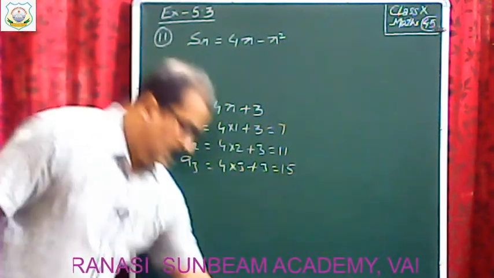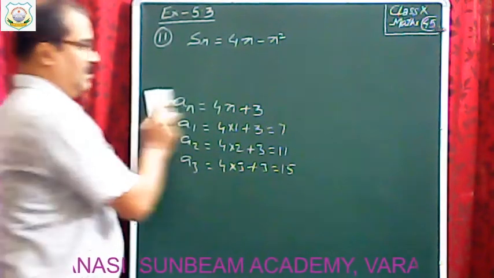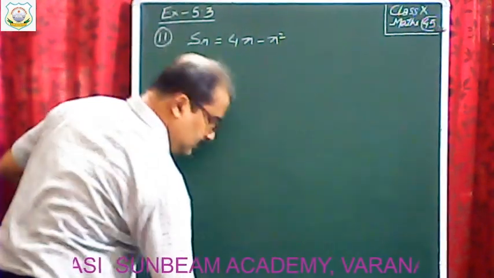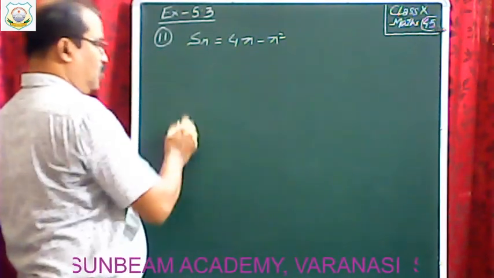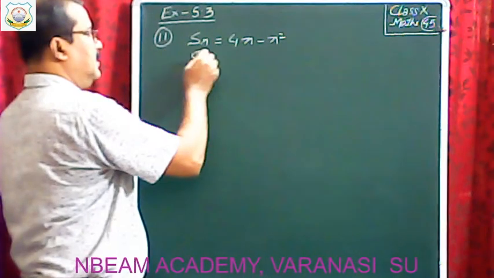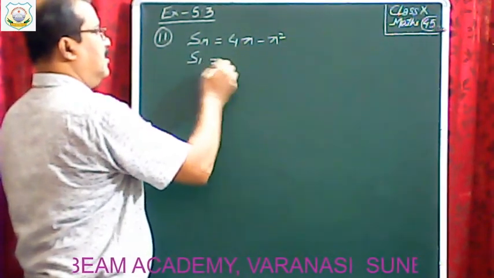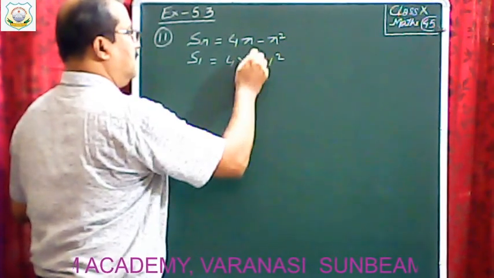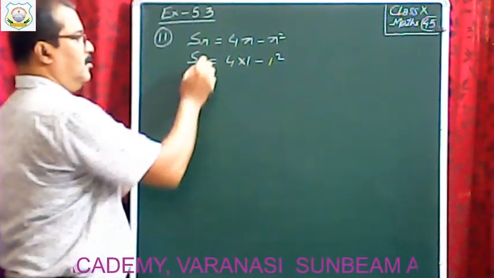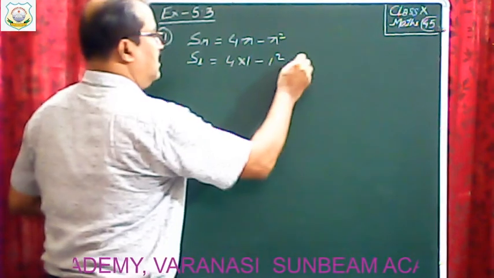In case the sum of first n terms is given, if we put 1 in place of n, we have to substitute 1 everywhere. So 4 into 1 is 4 minus 1, we get 3.